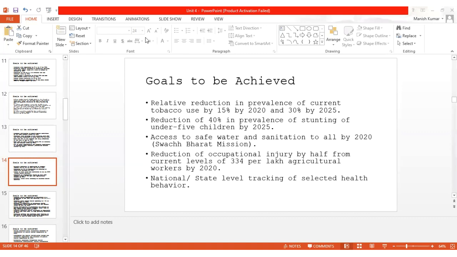So these are basically those children who are suffering. Their weight for height Z score is more than -3 SD. So you know what is SD score, what is Z score, what is weight for height? This is clear to you people? Sir, is this stunting related with BMI?